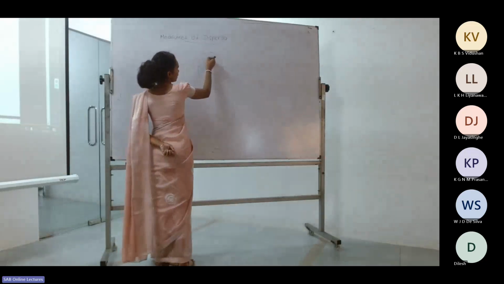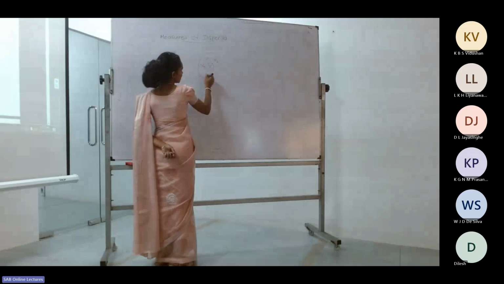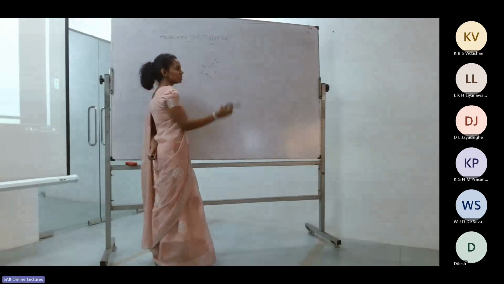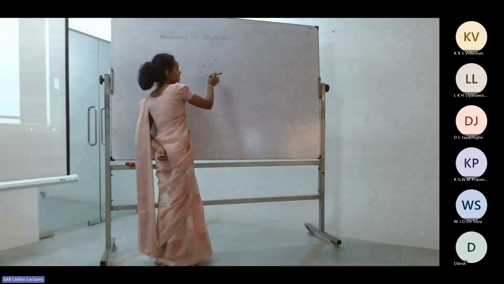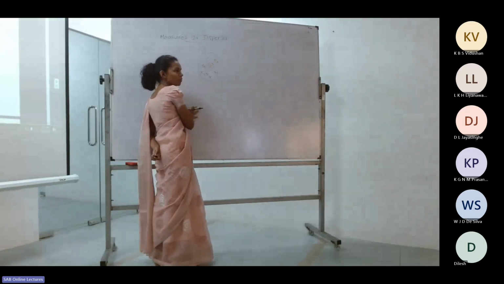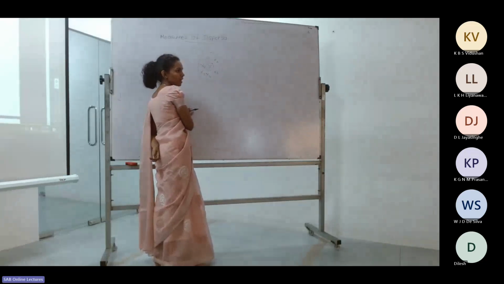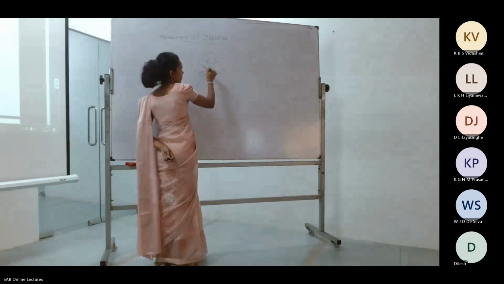Then other values are there, and these are the other values. Using the measures of dispersion, we find out the remaining data, how data spread in the data set from the average value.